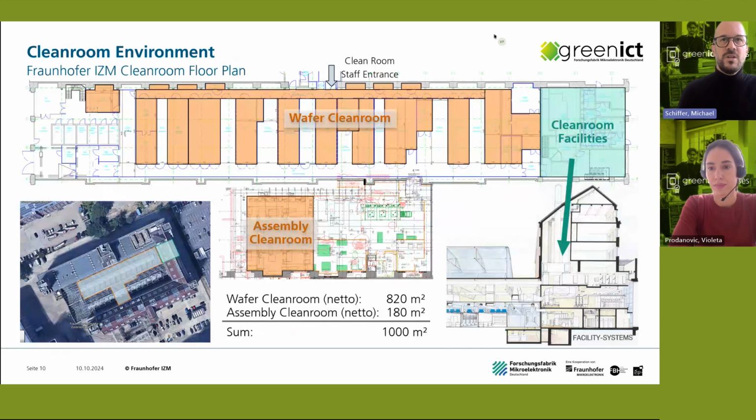When we look at our clean room now, the yellow areas are the clean room dedicated to any kind of wafer or fine pitch assembly topics. In this area, we have the wafer clean room. Here we have the assembly clean room, approximately 1,000 square meters net area.